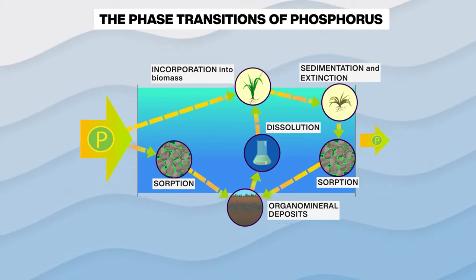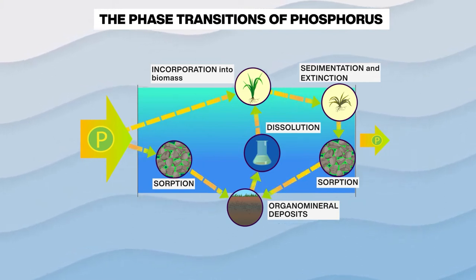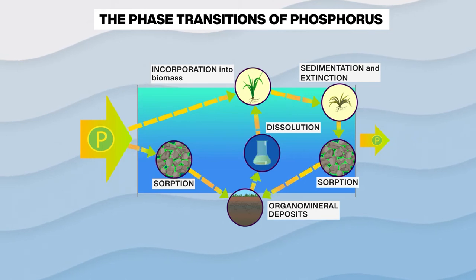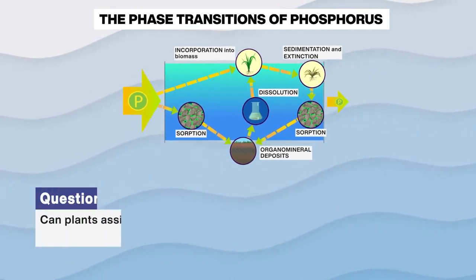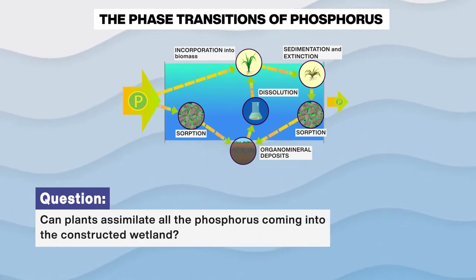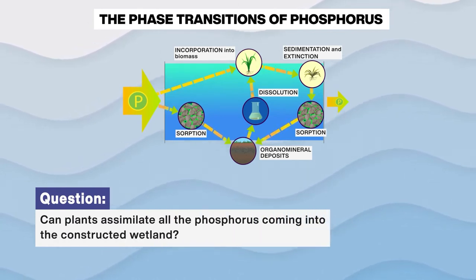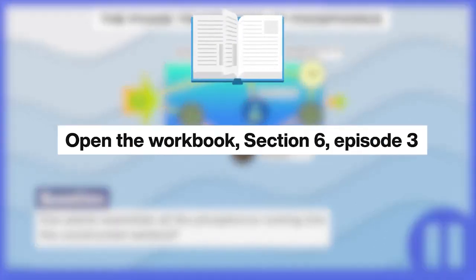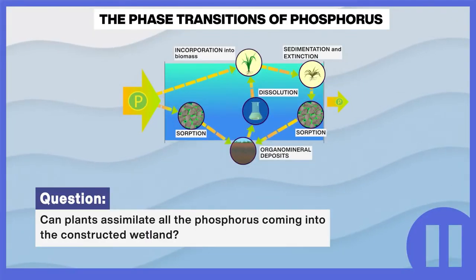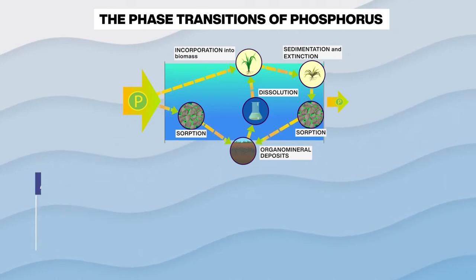Never mind, Betsy. As I promised, I have prepared a problem for you, and I am sure that you will solve it brilliantly. Betsy, is it possible for a plant's biomass to assimilate all of the phosphorus coming into the constructed wetland? Take your time to think it over. My answer is the following.